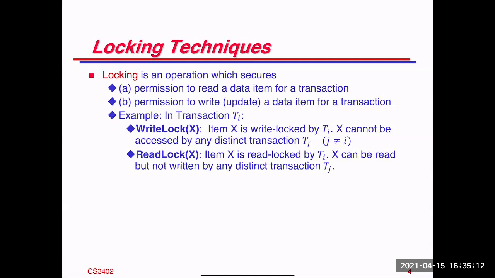That's the semantics of write lock. The implication is that item X cannot be accessed by any distinct transaction Tj. On the other hand, maybe I only want a read lock on X, so I will execute read lock. In that case, item X is now read locked by transaction Ti, and X can be read but not written by any distinct transaction Tj.